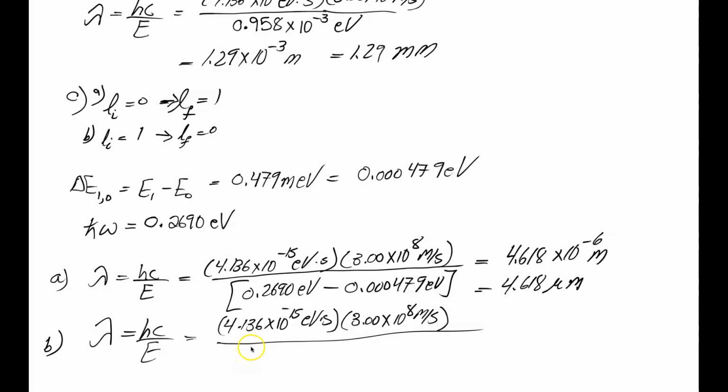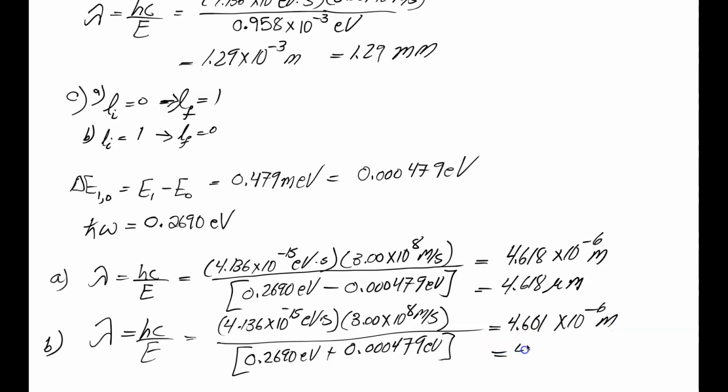And the energy now, because both of these energies are lost, is going to be the sum of the two energies instead of the difference, and that will give us a wavelength of 4.601 times 10 to the minus 6 meters, or 4.601 micrometers.